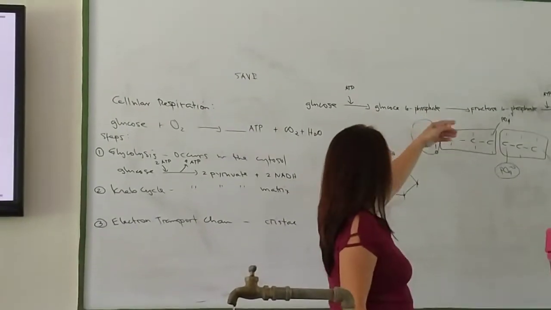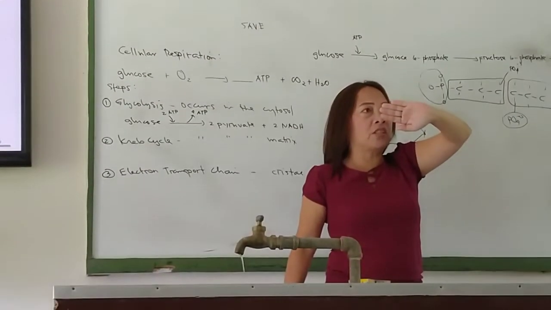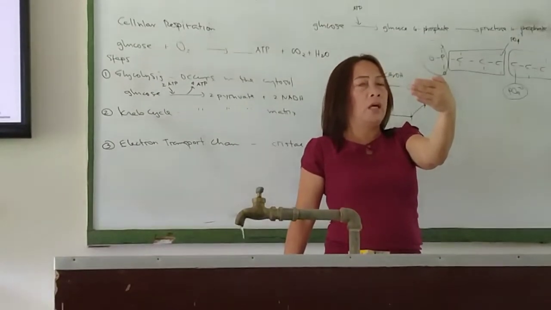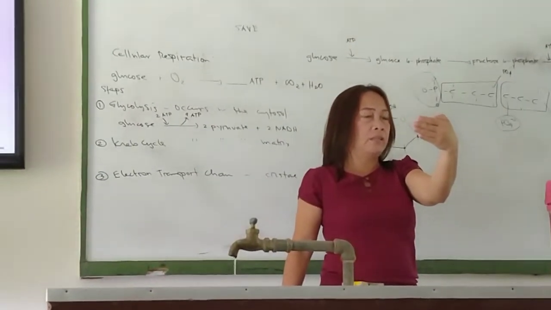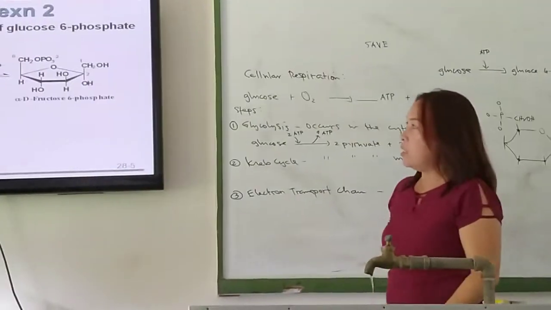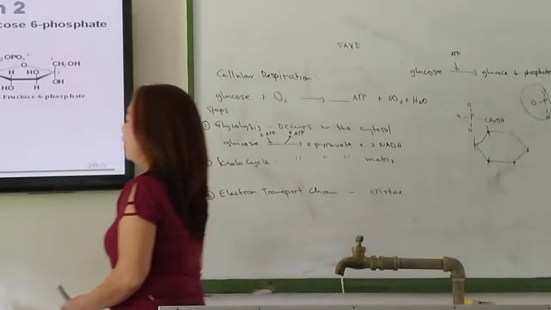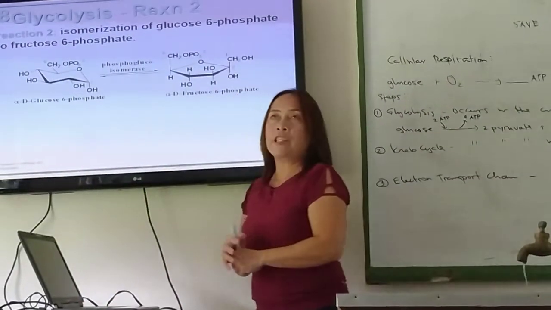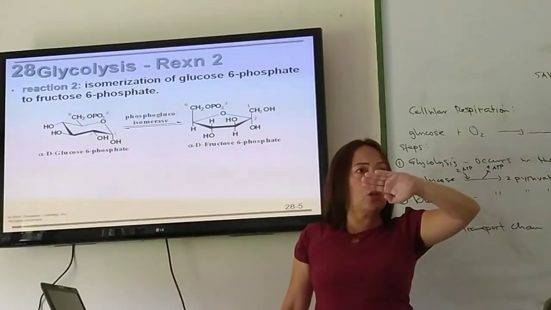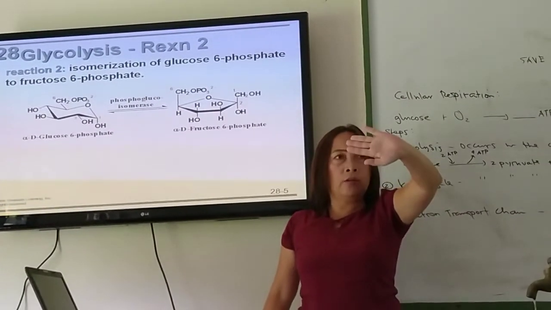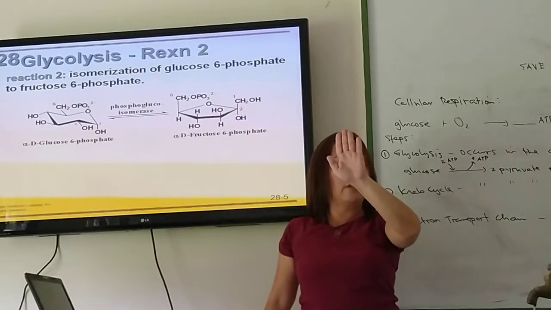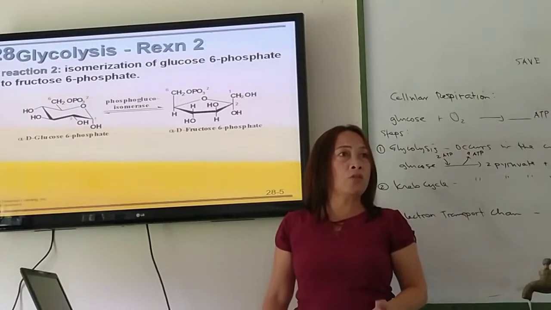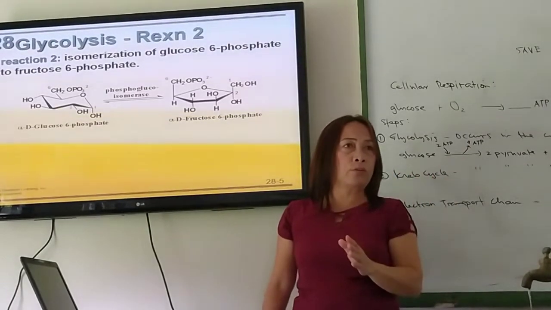The glucose 6-phosphate would just undergo isomerization by what? Isomerases. So this is participated by the enzyme phosphoglucoisomerase. When you say isomerization, so that is isomerization. So the glucose is converted into fructose.